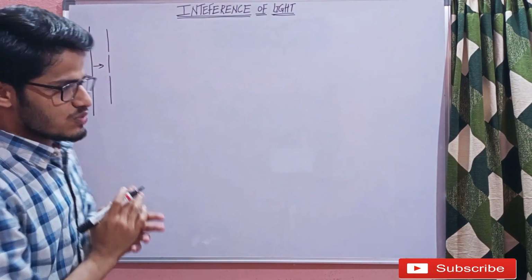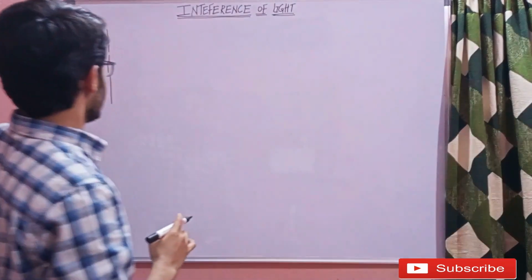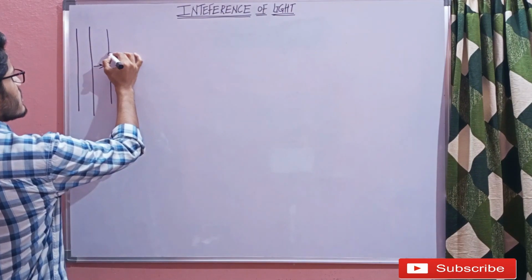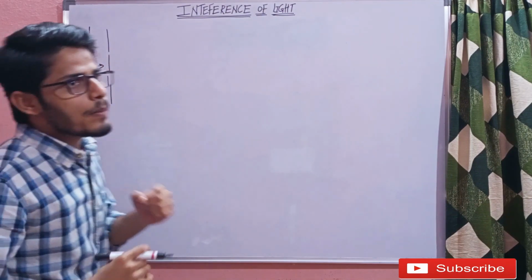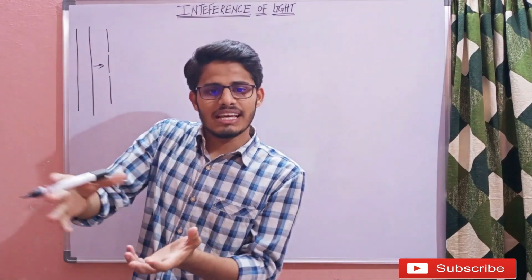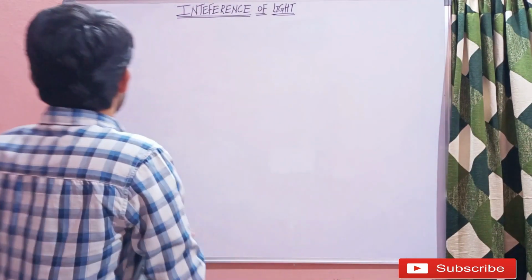As we know from Huygens' principle, each point on the slit will produce a secondary point source of spherical waves.